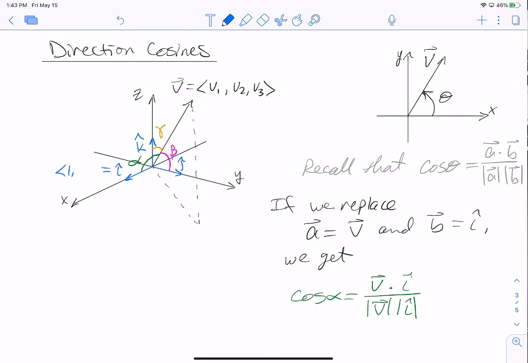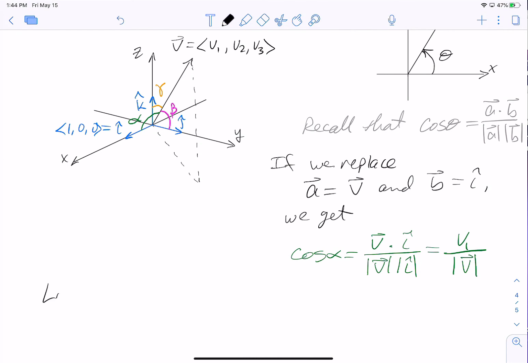Since i is the vector 1, 0, 0, when I find the dot product of i with v, I have v1 times 1 and then two zeros. So the numerator becomes v1. Since the magnitude of i is 1, it is a unit vector, we end up with the cosine of alpha equal to v1 over the magnitude of v.